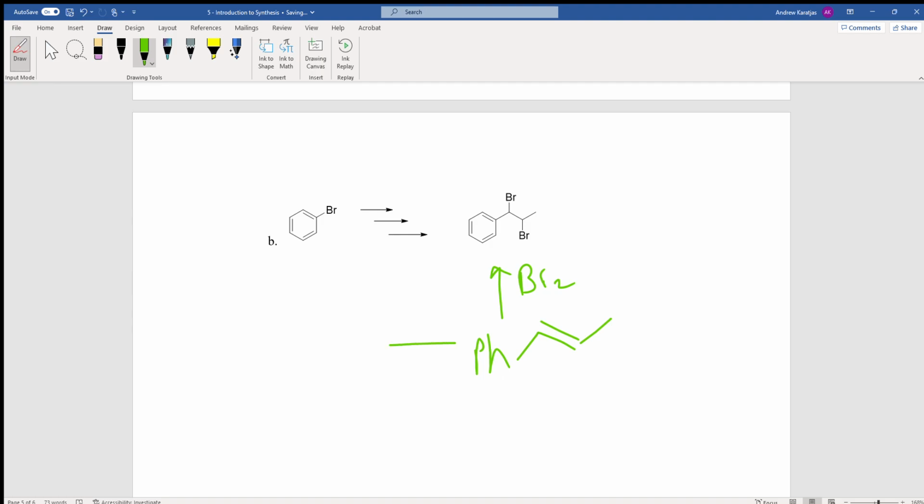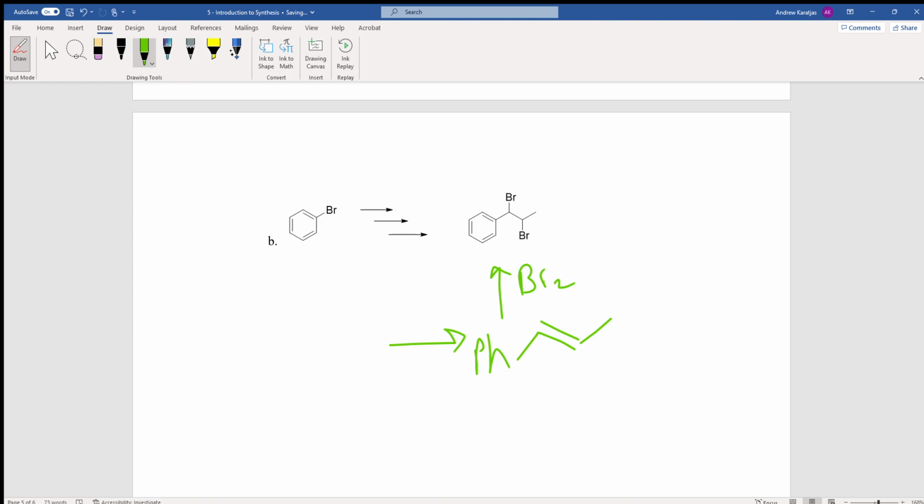We can continue backwards, knowing again we need to make this alkene. We also need to add 3 carbons. Again, at this point in the course, we're very limited on reactions that add carbons. So we know this is most likely going to be a Grignard, which means we're going to have an alcohol.